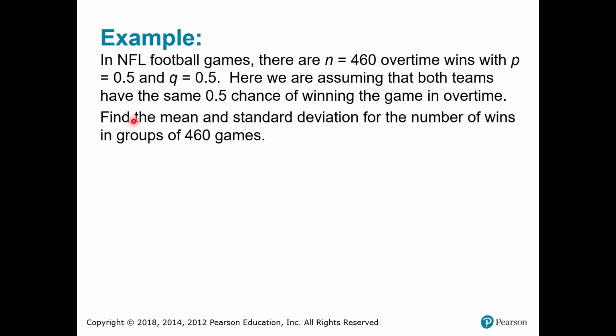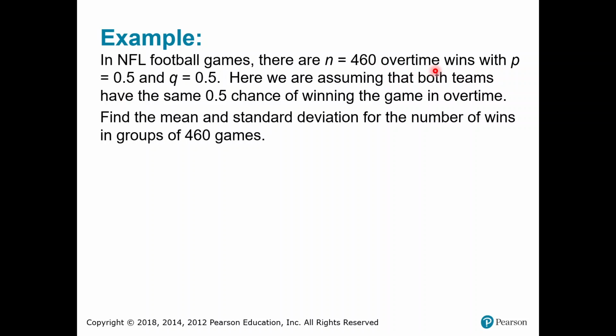We want to know the mean and the standard deviation for the number of wins in groups of 460 games. So we're told the total games is 460, so n is 460.